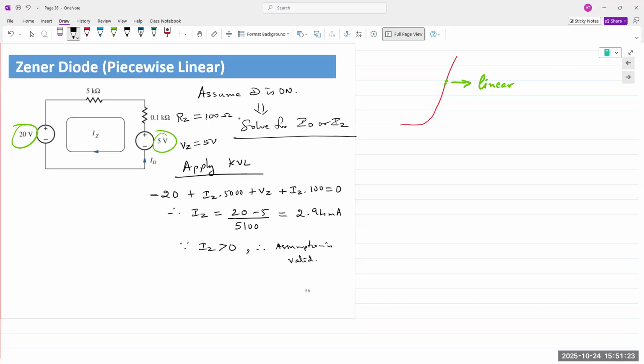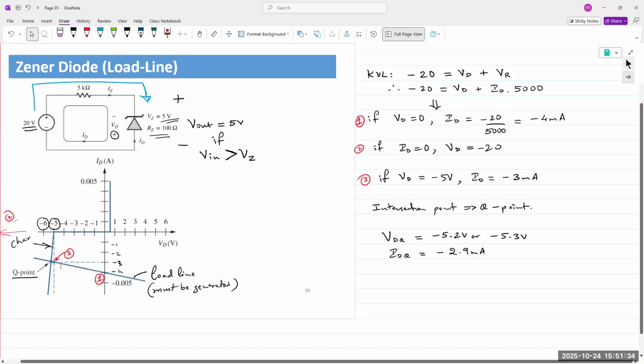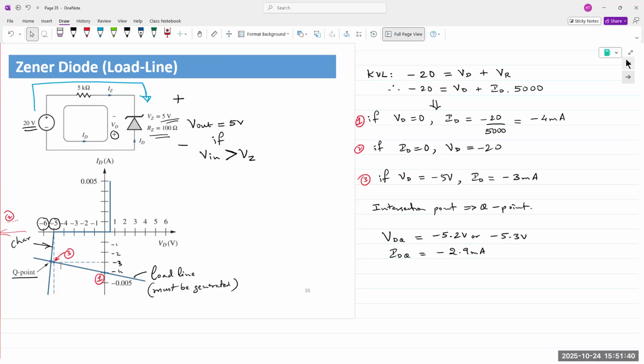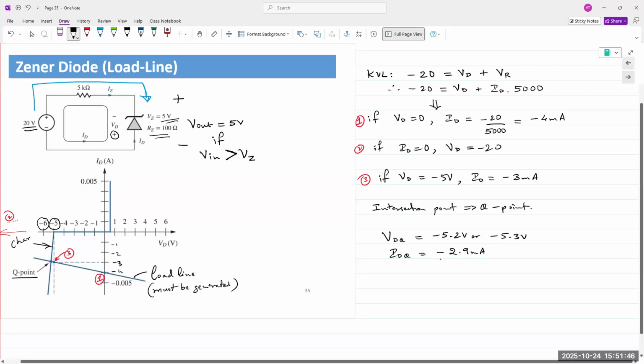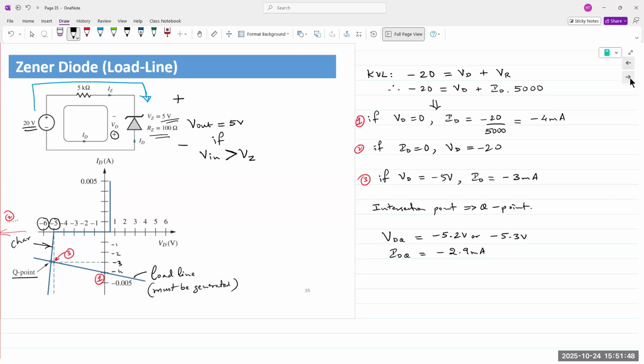Compare this with the previous graphical solution. What do you see? Or what do you note? Yep. So here the voltage we obtain from the graph is 5.2 or 5.3 volts. ID, the diode current, is 2.9.